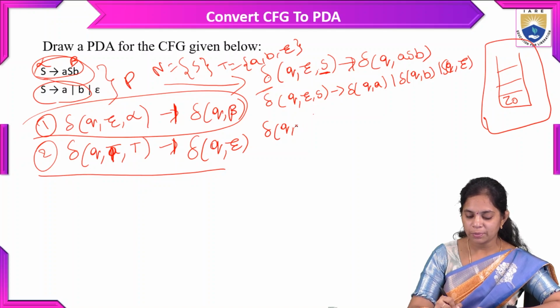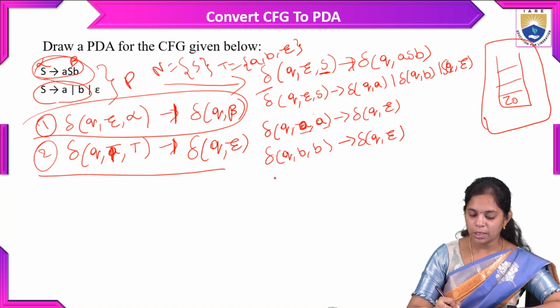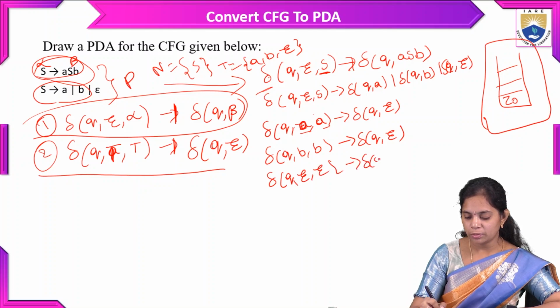So A comma A tends to delta of Q comma epsilon. And this is for A input and B input, delta of Q comma epsilon. And for epsilon also, we need to write epsilon.